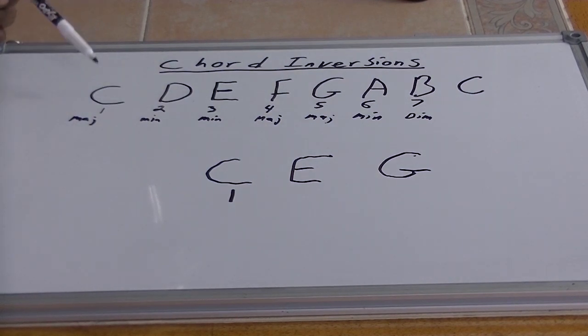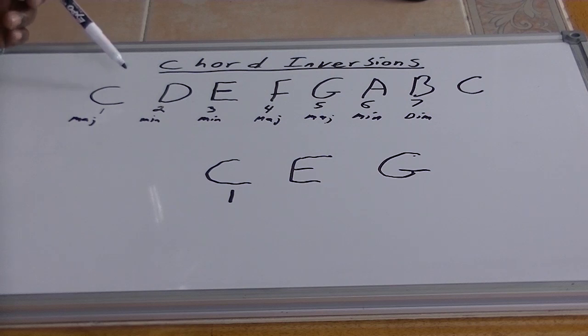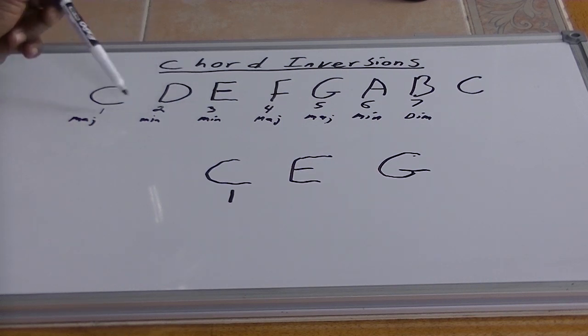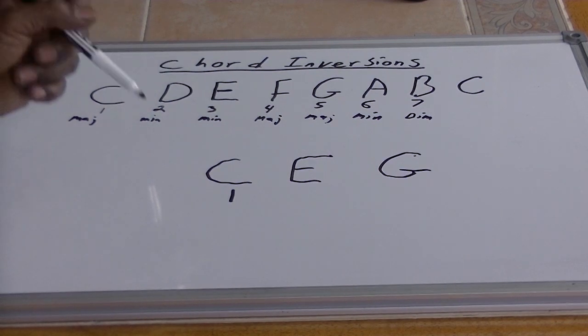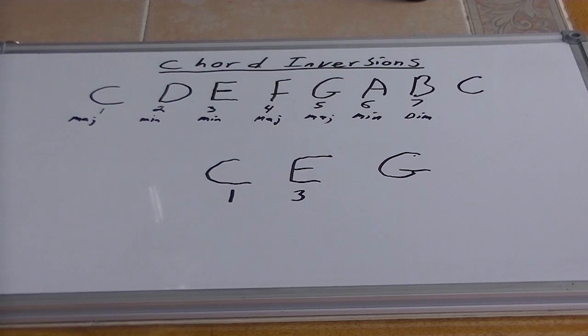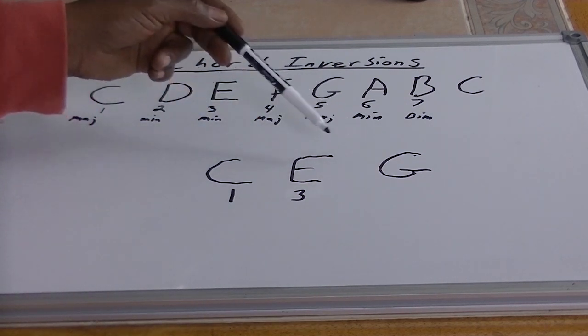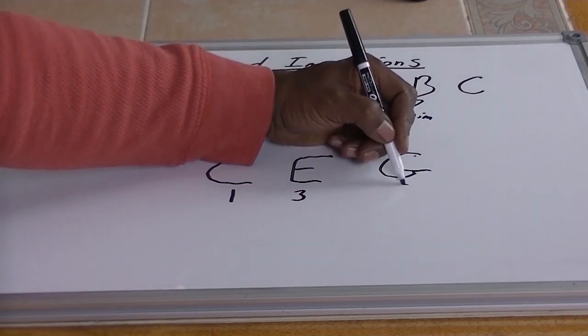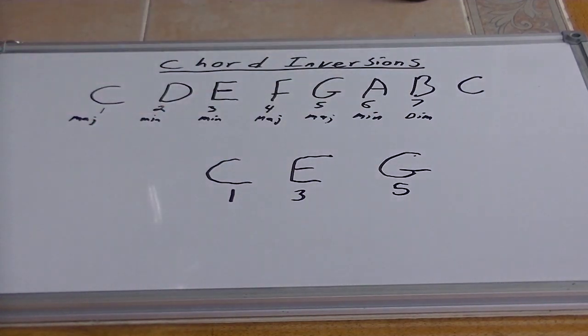of the chord. And then we proceed to the E note, and the E note is higher in pitch than the C note. The C is the root note. The E is higher in pitch than the root note, and it's also the third note of the scale. So I'm going to put a 3 there. And finally, we have the G note, and the G note is higher in pitch than either of the C or the E. And because G is the 5th note of the scale, I'm going to write the number 5 in here.